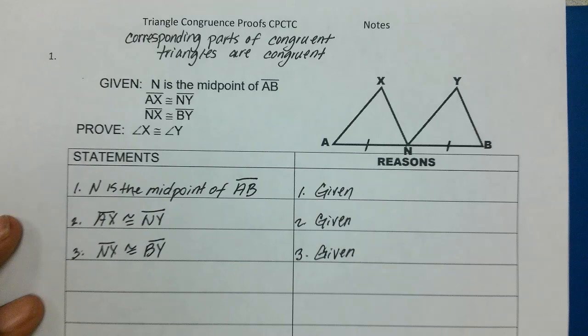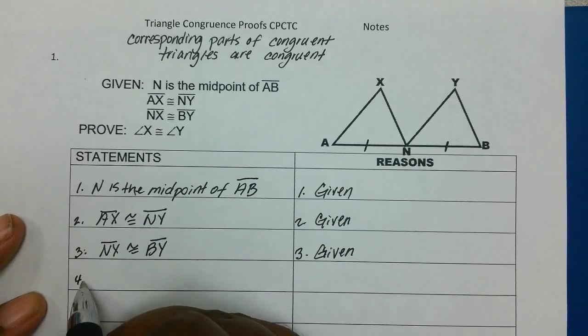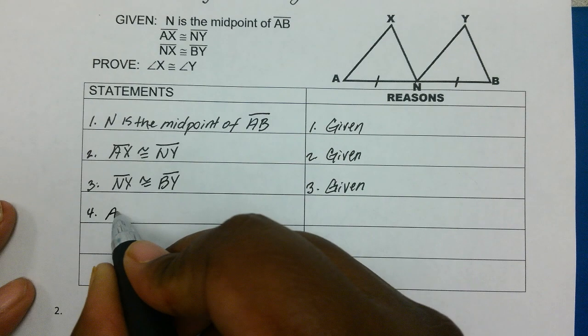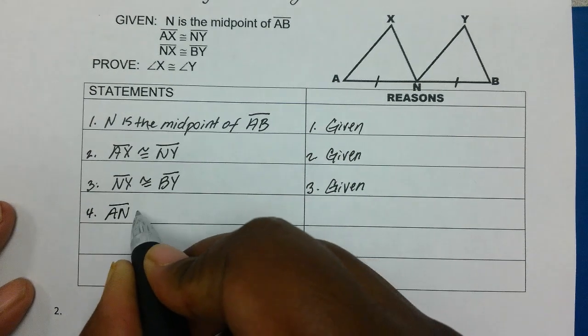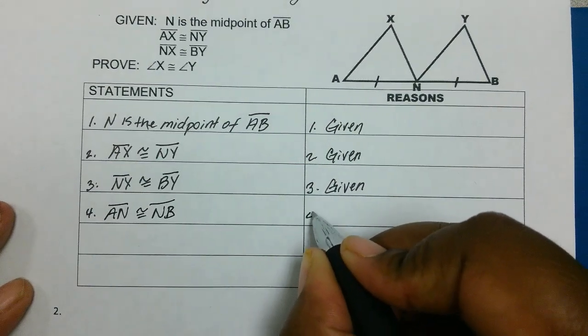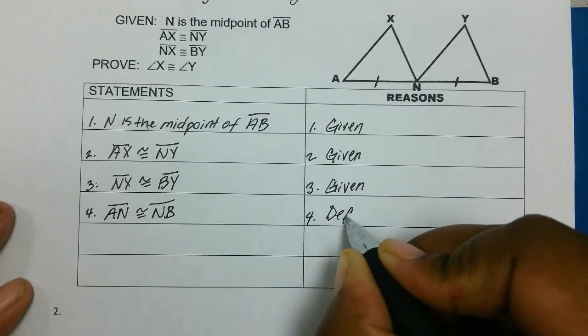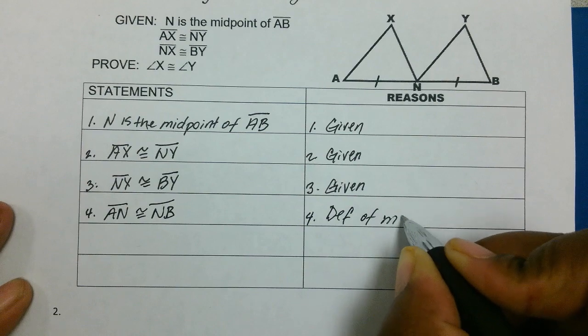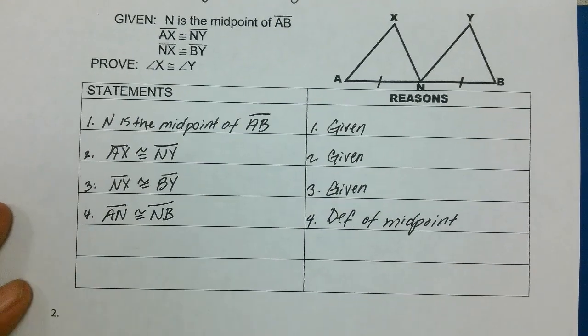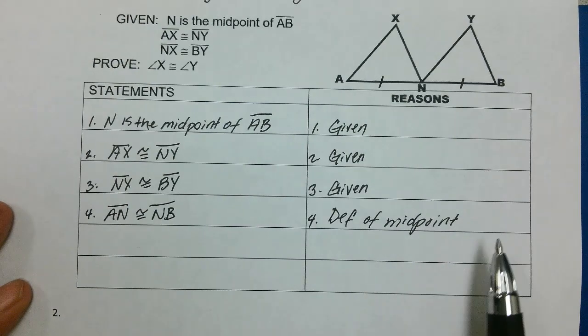So that's going to be my next statement: AN is congruent to NB. And again, what's my reason for saying that's true? That's the definition of a midpoint. If N is the midpoint, then it's cutting this segment in half, into 2 equal parts.